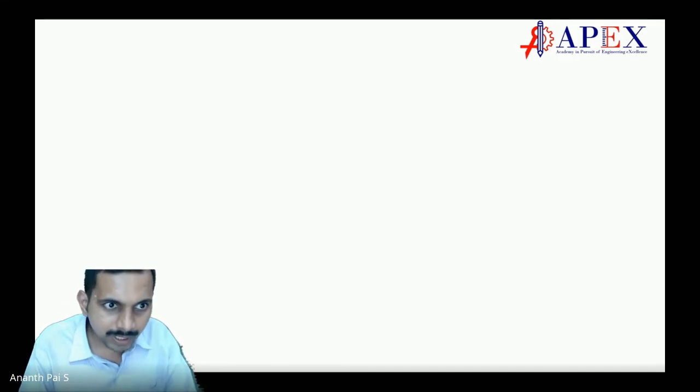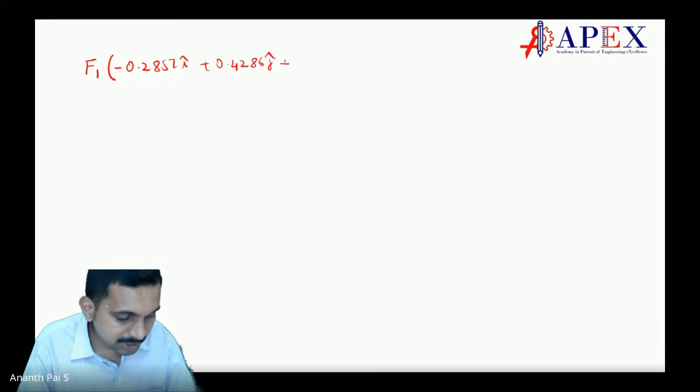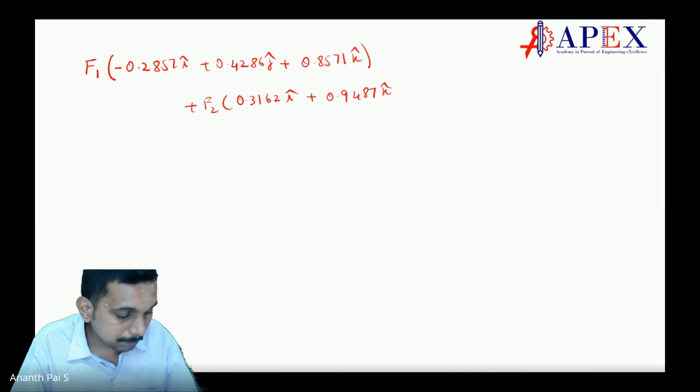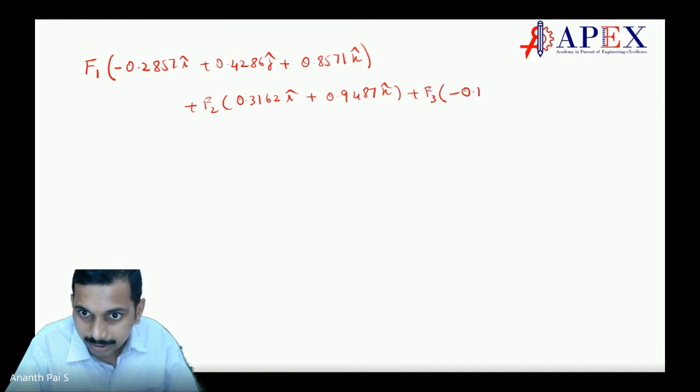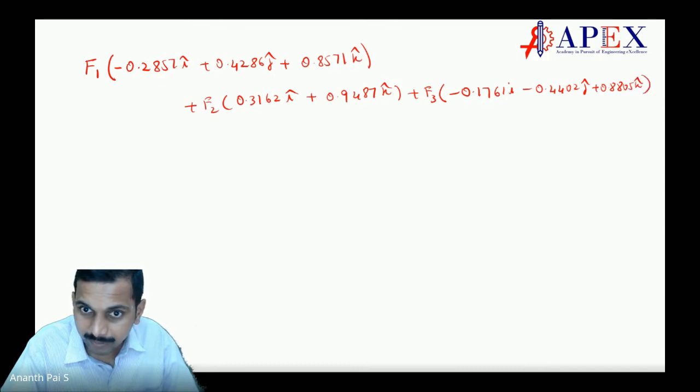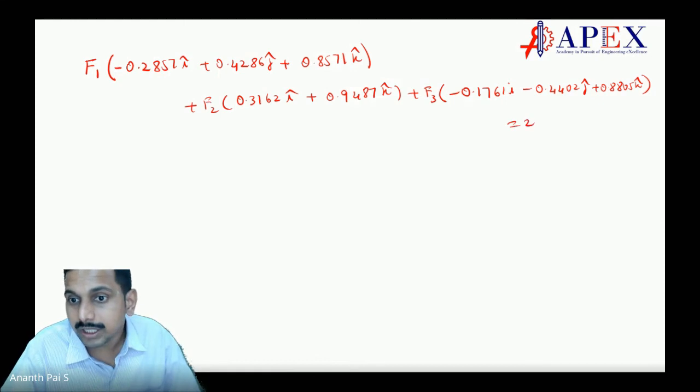I should say here F1 into minus 0.2857i plus 0.4286j plus 0.8571k, plus F2 into 0.3162i plus 0.9487k, plus F3 into minus 0.1761i minus 0.4402j plus 0.8805k, that is equal to 2000k. Now what we have to do?